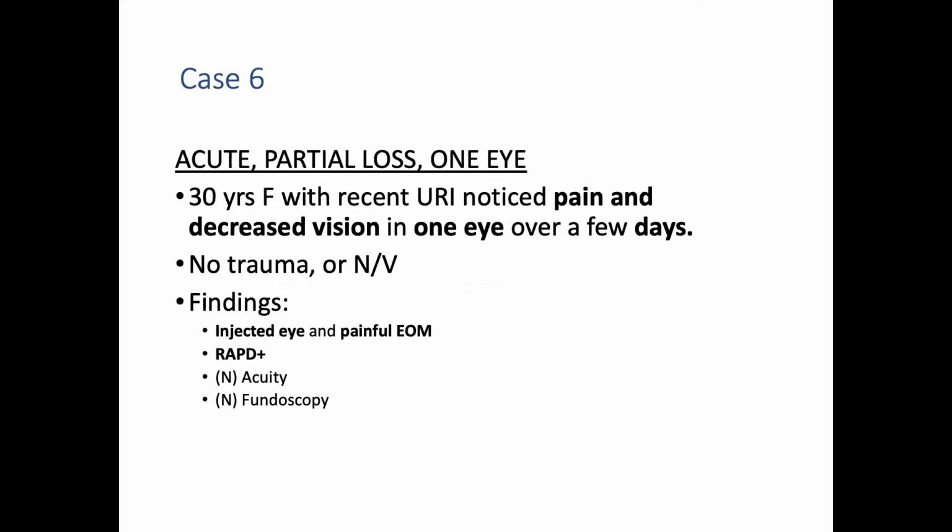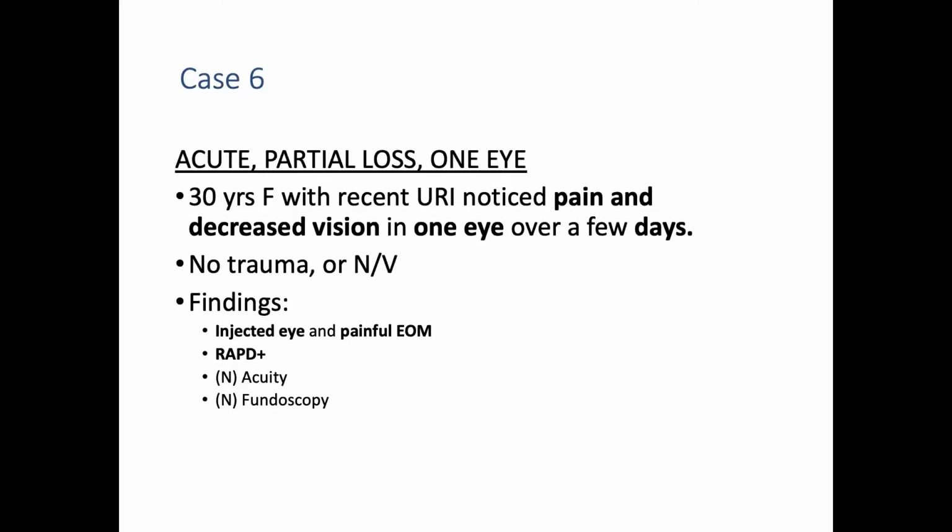So case 6, a 30-year-old with a recent upper respiratory infection, noticed pain and decreased vision in one eye over a few days, no trauma, no nausea and vomiting. They have a red inflamed eye that's painful on motion.